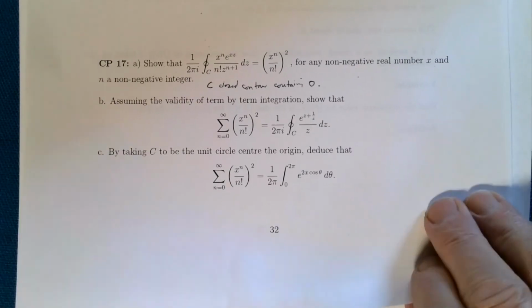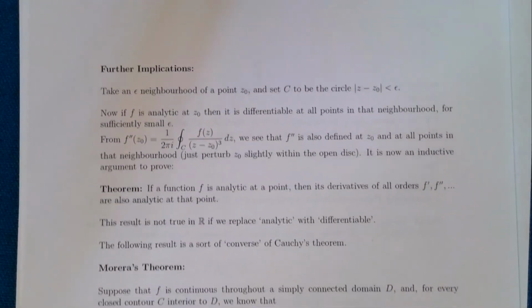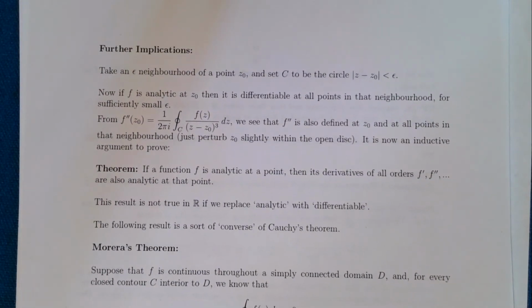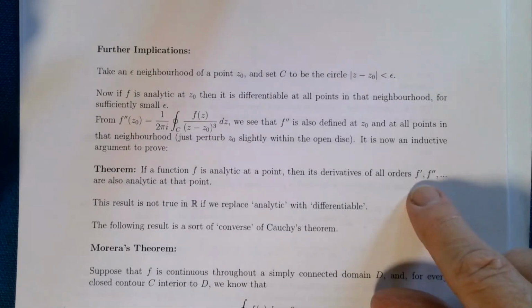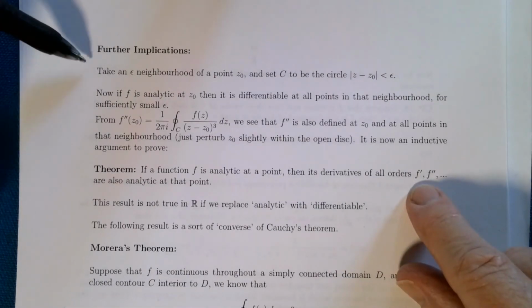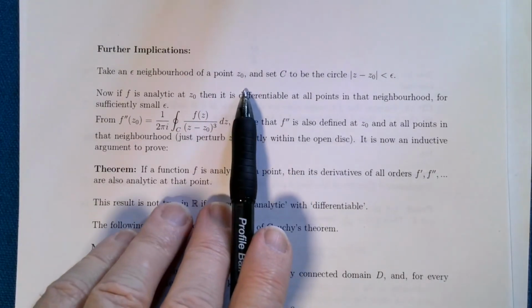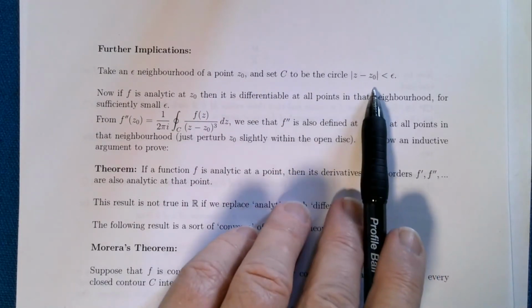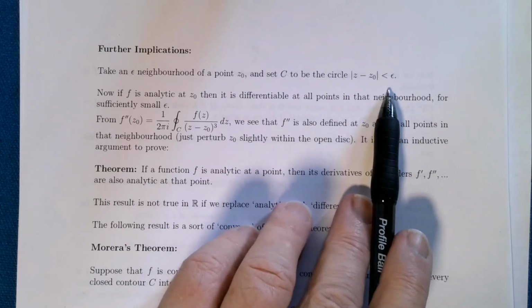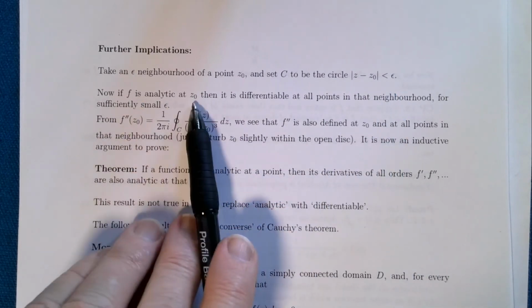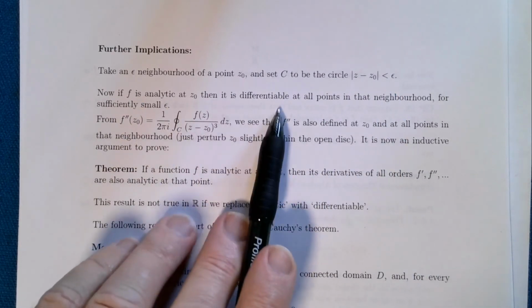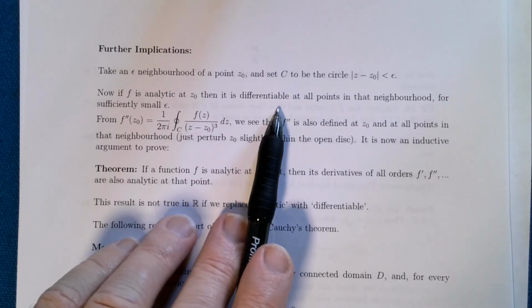Well, let's have a look at some of the further implications of the Cauchy integral formula and the generalized version. It's got quite a few, in fact. So firstly, if we take an epsilon neighbourhood of the point z0 and we set C to be this circle, centre z0, radius epsilon. Now if f is analytic at z0, then it's differentiable at all points in that neighbourhood for sufficiently small epsilon.